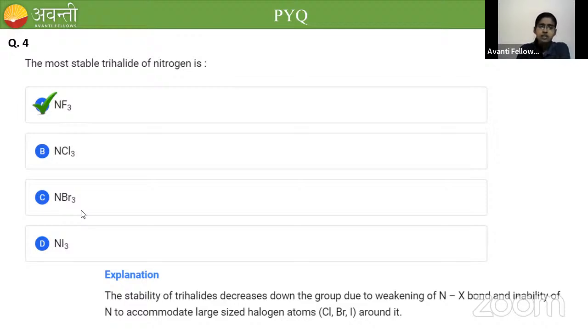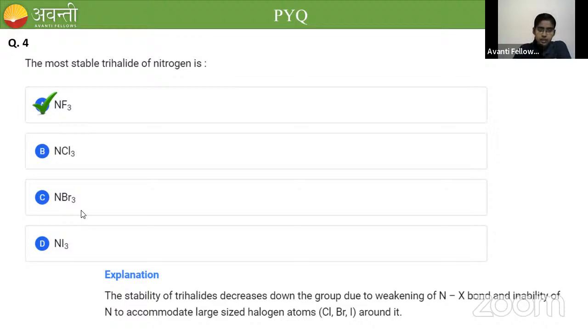The stability of trihalides decreases on moving down the group. Why? Because the nitrogen-halogen bond gets weakened down the group, and nitrogen cannot accommodate the large halogen atom around it. Since it is very small in size, it cannot accommodate the large halogen anion around it.